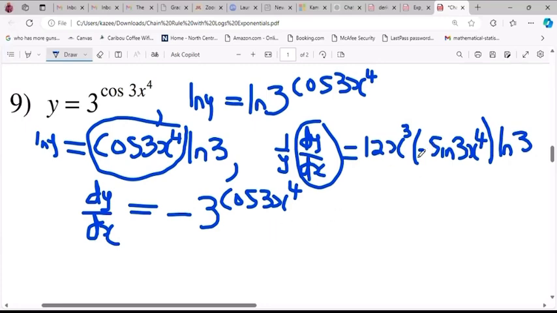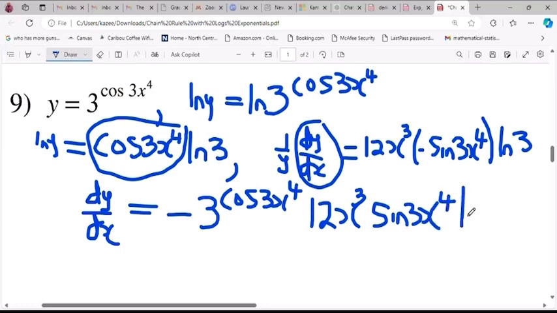So I can now write every other stuff, like writing 12x cubed, writing sine of 3x^4, and ln 3. You see that?